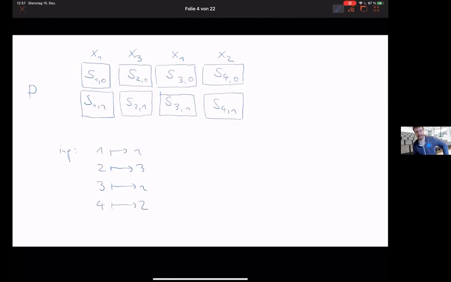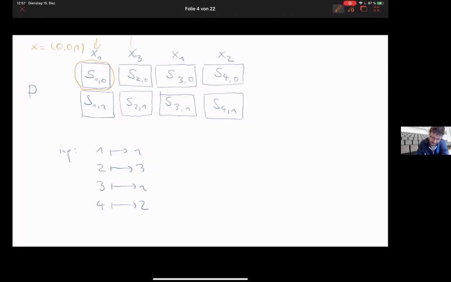That's my input function. And now, how do I evaluate such a branching program, say on input x equals 0, 0, 1, right? x1 is 0, x2 is 0, and x3 is 1. Well, I first go here. x1 is 0, that means I need to take the matrix S1,0. So I'm taking this matrix here.